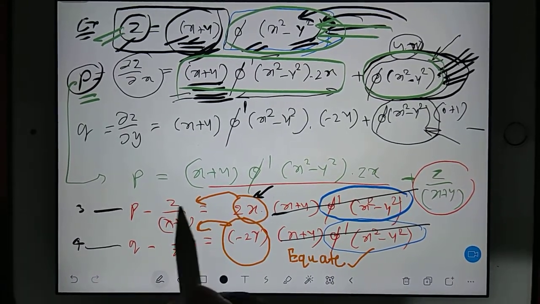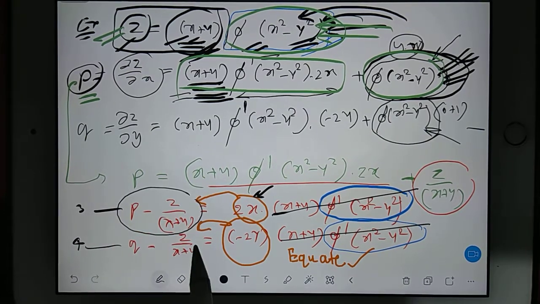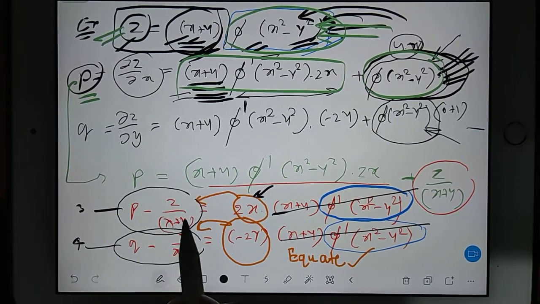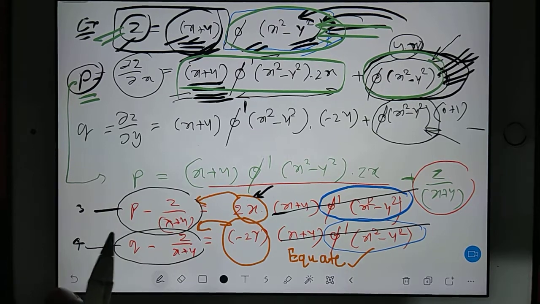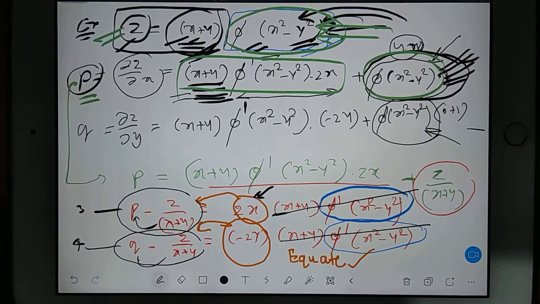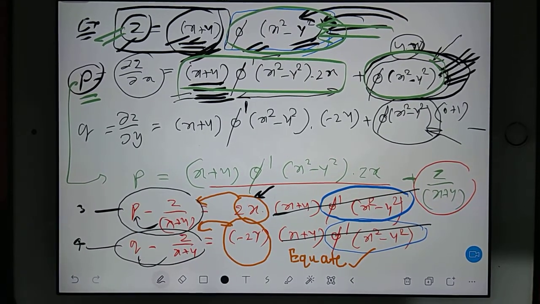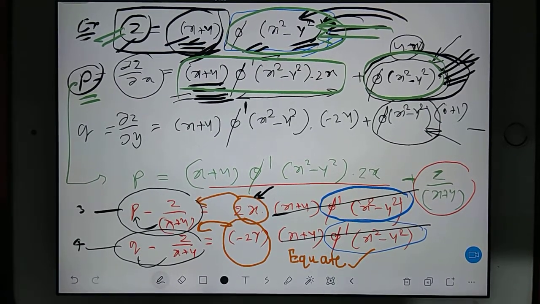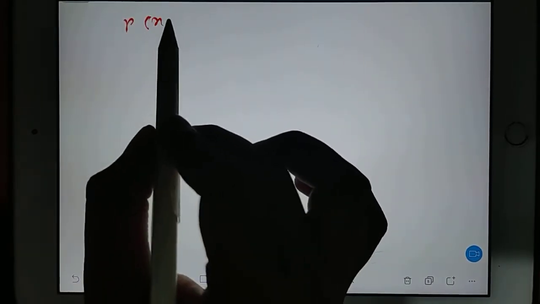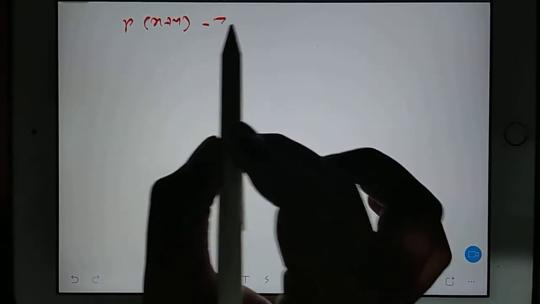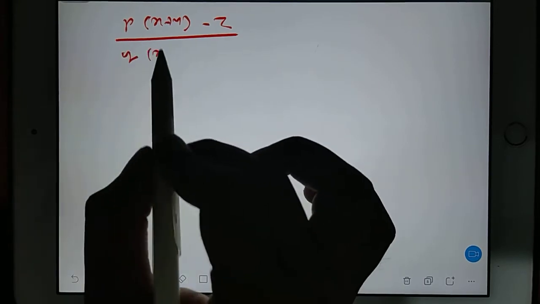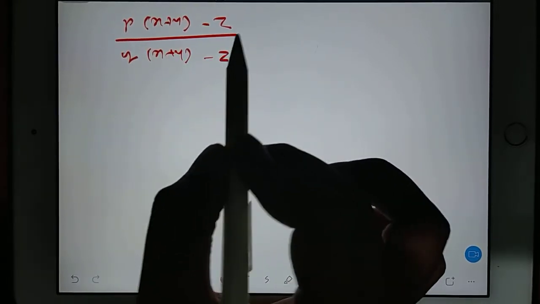If I divide both the equations, one side I'll get this value and the other side I'll get this value. x plus y also we can cancel if we take the LCM in advance itself. So I'm taking the LCM in advance. Okay, I'll change the page. So it will look like (px plus y minus z) whole divided by (qx plus y minus z).